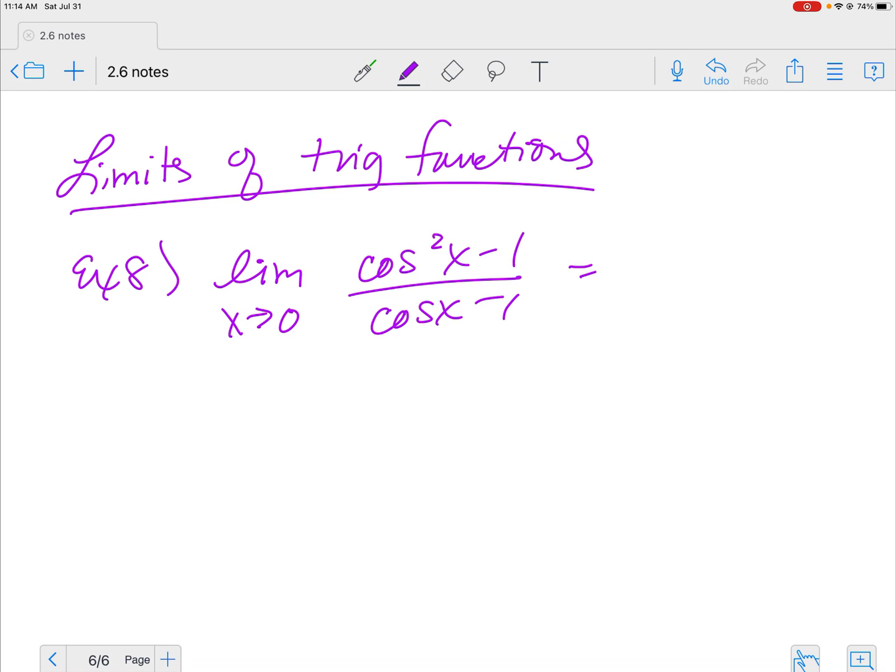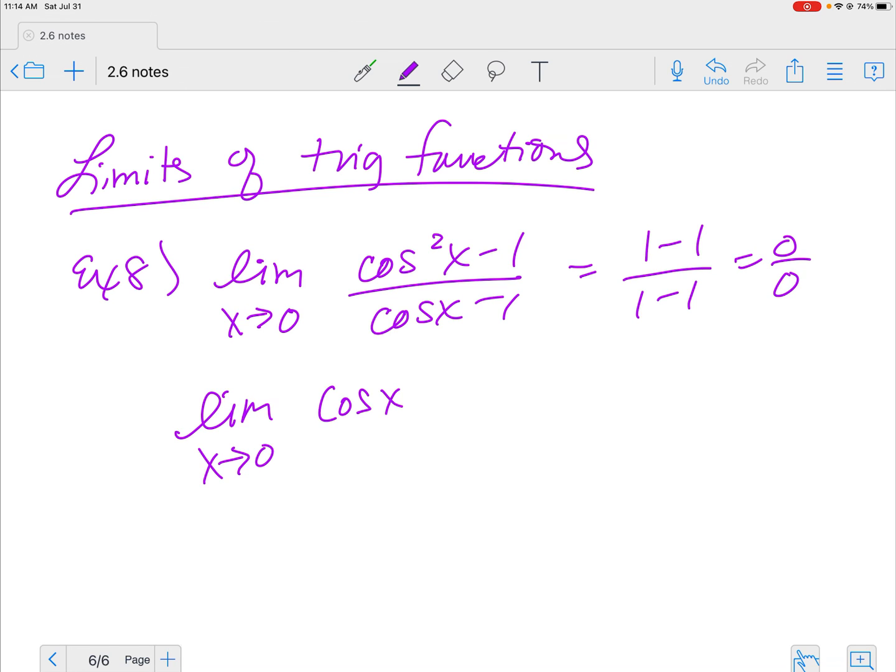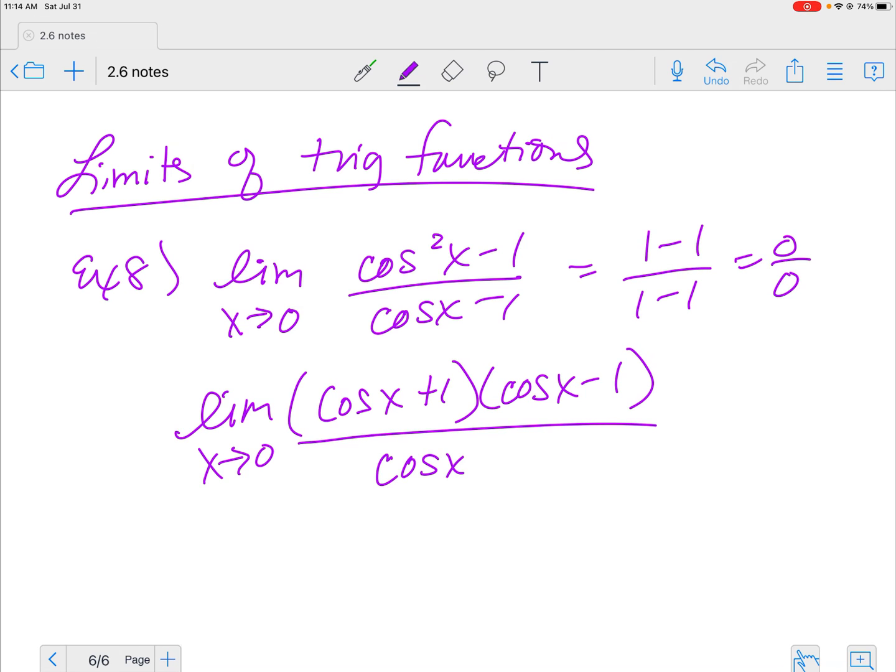So if I plug this in, the cosine of 0 is 1. That's an issue. So what else can you do? As soon as you come upon an issue, 0 over 0, then you have to think, okay, well, how can I manipulate this? Yeah, just factor the top. Good job. So the limit as x approaches 0, I have the cosine of x plus 1 and the cosine of x minus 1 over the cosine of x minus 1.